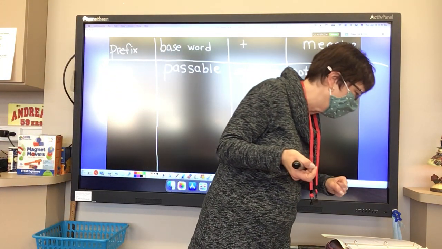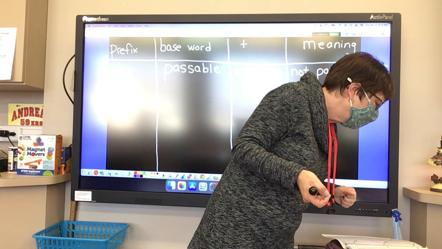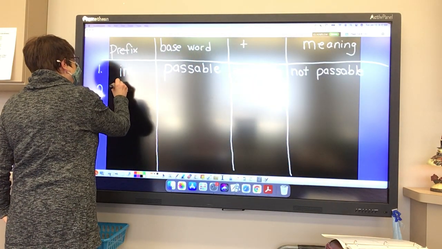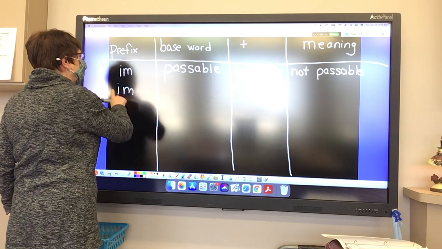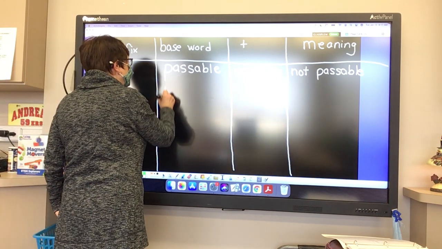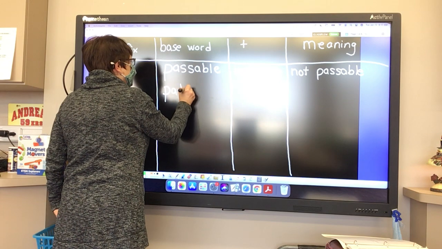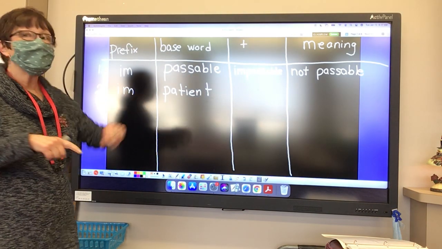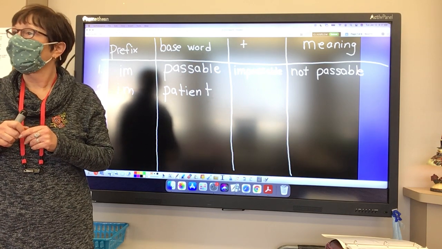Here's my next word. Patient. So here's my base. I'm going to put my prefix in, and here's my base word, patient. What word am I going to make with patient? Juliana?